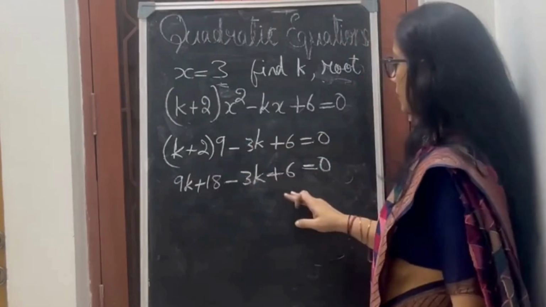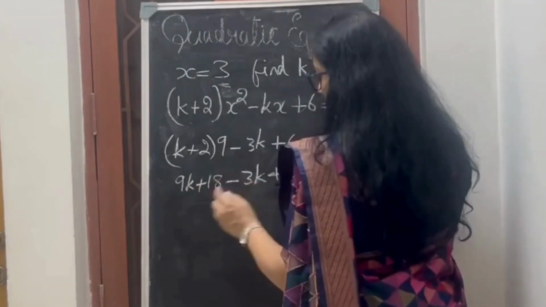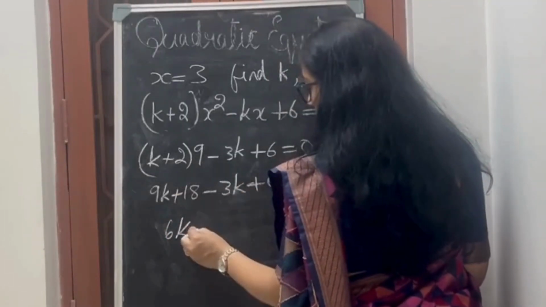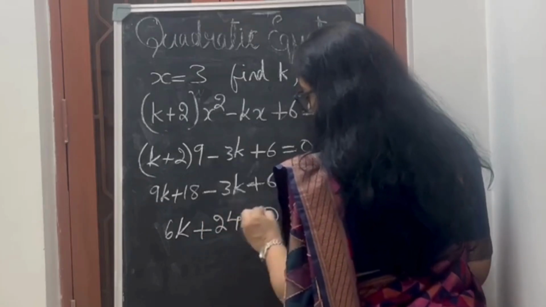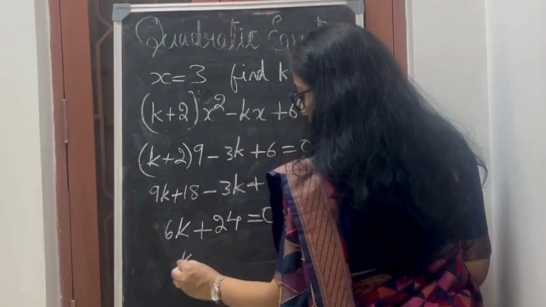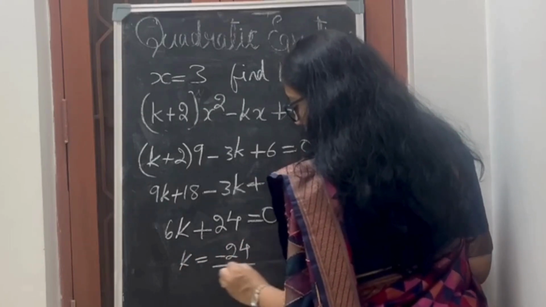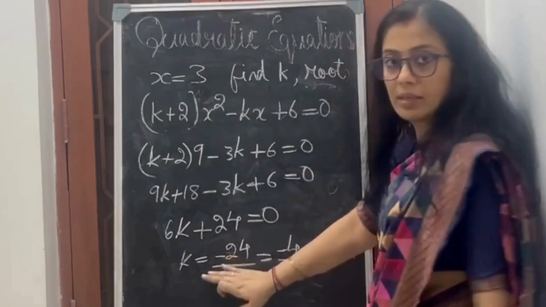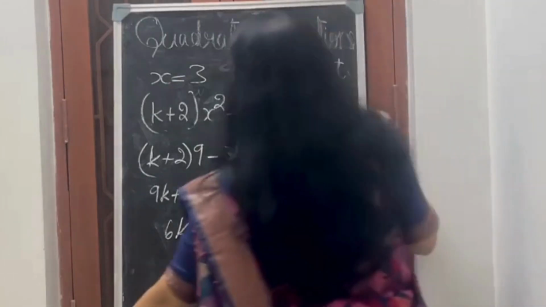Now when I solve this equation, 18 plus 6, okay, 9k minus 3k is how much? 6k. 18 plus 6 is 24, equals 0. So that is k equals minus 24 divided by 6, that is minus 4. K is minus 4.